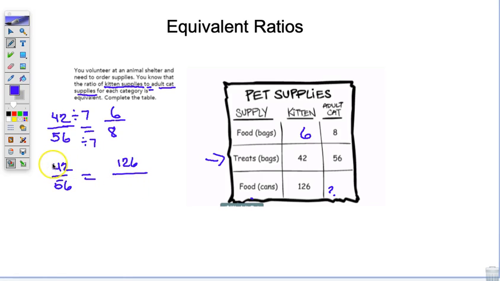If I take a look at 42 going up to 126, I multiplied that 42 by 3 to get to 126. So I must multiply the denominator by that 3 as well. 56 times 3 is 168. So now I have the missing value for the adult cat for the canned food, and that is 168.